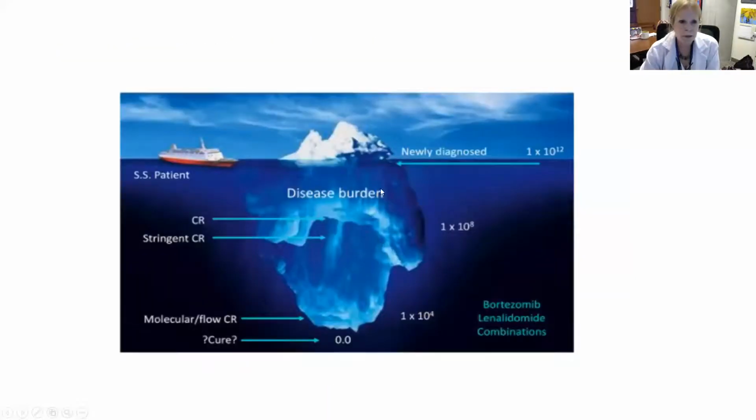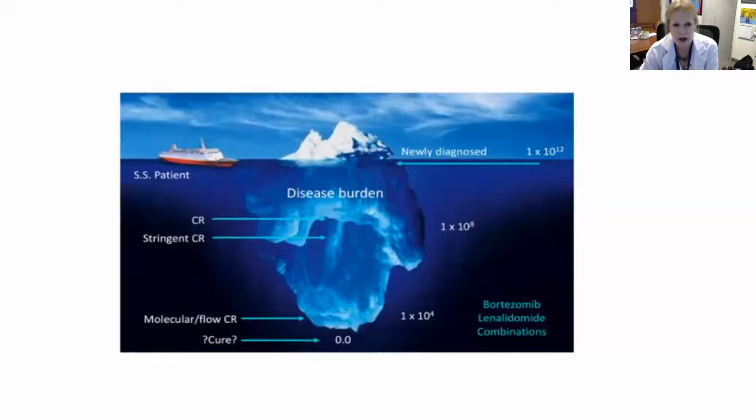So Audrey and I were talking a little bit before we began about this iceberg slide that I'm sure many of you have seen. Basically what it is supposed to represent is that when we're treating a person for myeloma, we see this part of it very well, but we're not seeing what's underneath very well. And you shouldn't walk away from this thinking, oh my goodness, I have so much more myeloma that nobody can see, 90% of it is hidden.